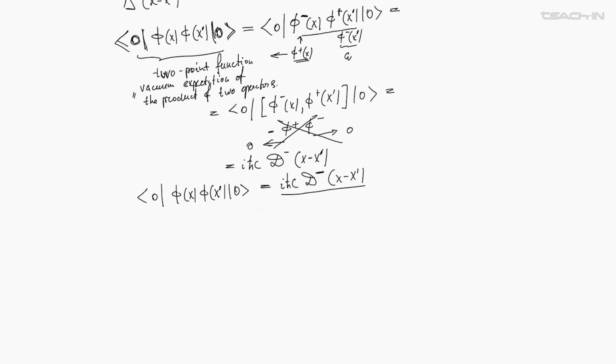You can consider this as an amplitude for the process when at point x prime, at the moment t prime, say t prime less than t, you are destroying a particle at x prime and creating a new particle at x.